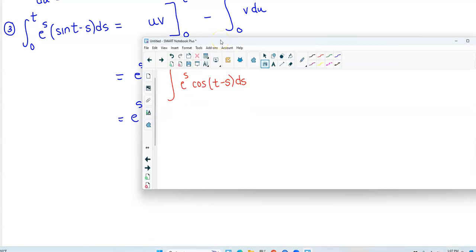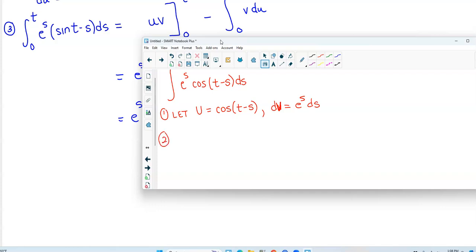We first need to identify what is u going to be, but we're going to call this capital U. So here we're going to let capital U equal the cosine of t minus s, and then dv is going to equal e to the s ds. So again, capital V.